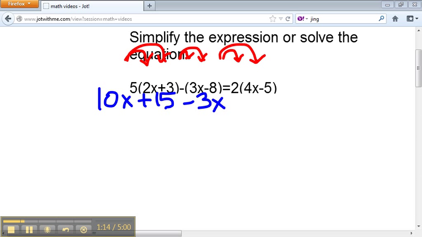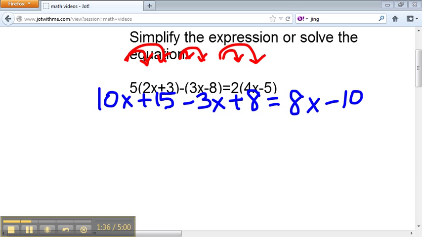And negative 1 times negative 8 gives us positive 8. So that's the left-hand side of the equation. On the right-hand side, 2 times 4x will give us 8x. And 2 times negative 5 is minus 10.